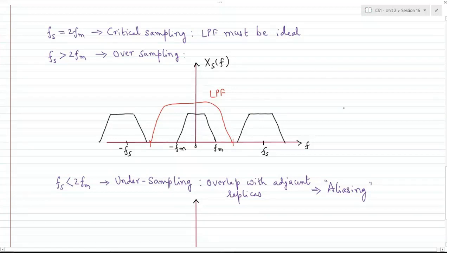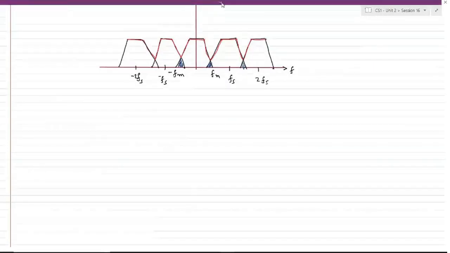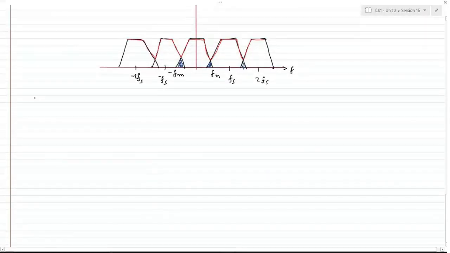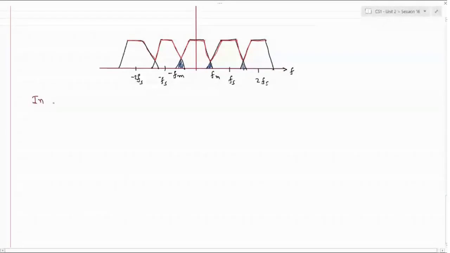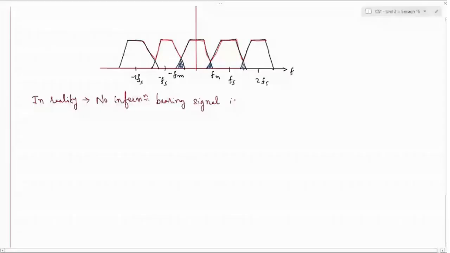So practically, in reality, no information bearing signal is strictly band limited. Keep this in mind.